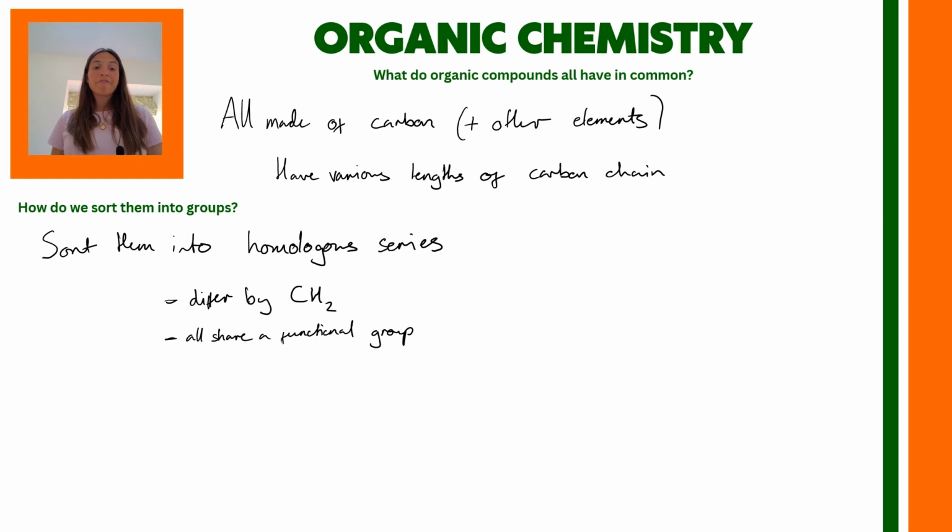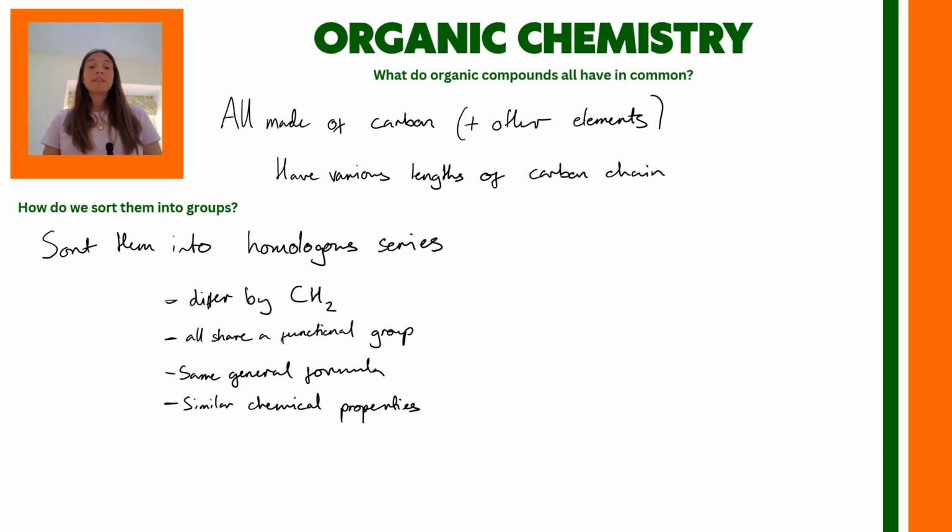They all share a functional group, and when we have a little look at different examples of these homologous series, we can talk about what their functional group is and what that really means. And they share the same general formula. They have very similar chemical properties, and they show a trend in their physical properties as you move along in length of the chain.